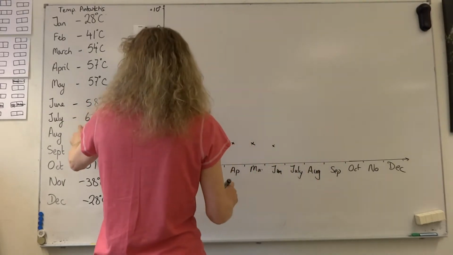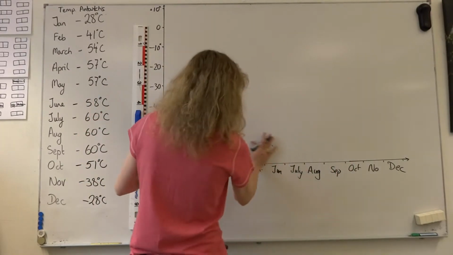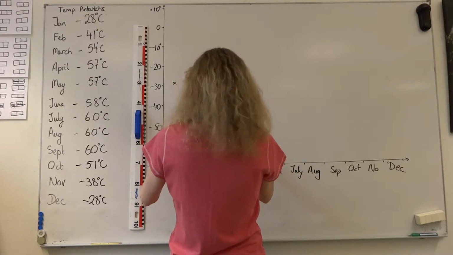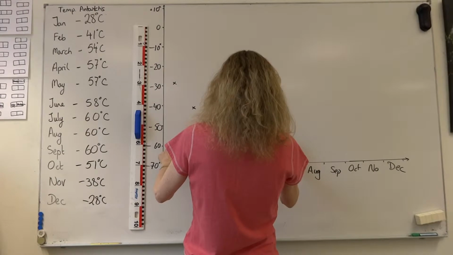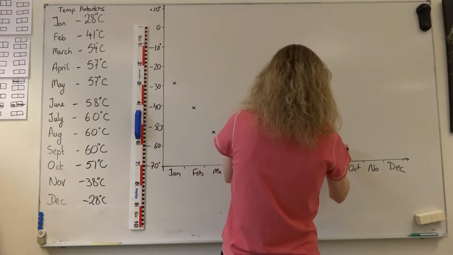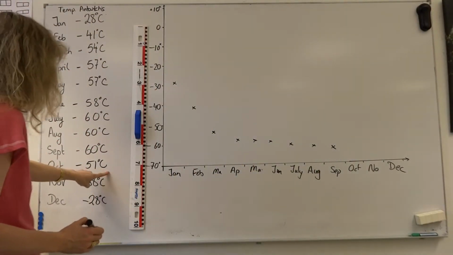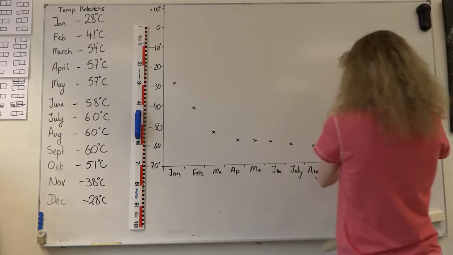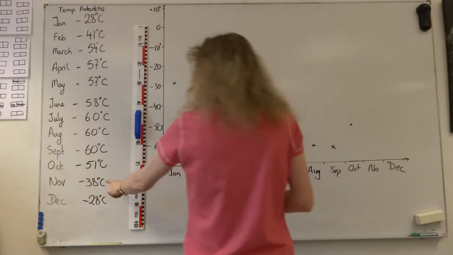And then July, August and September are all at, these are a little bit low actually. A little bit up there, -58, -58, -57. And then here we're at 60. 1, 2, 3 months of the year we're at -60. October -51. Now it starts to get a little bit warmer again. -51.